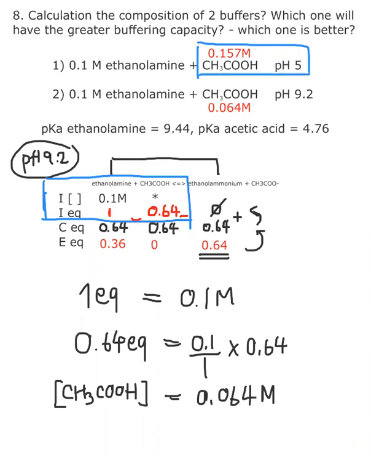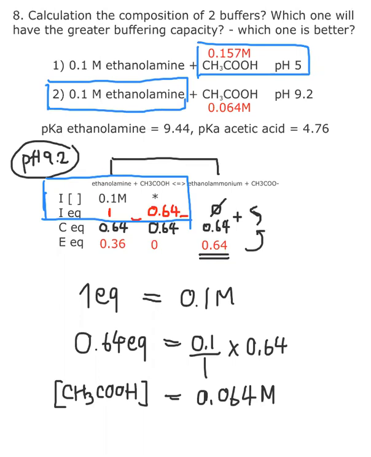And the concentration of acetic acid in the system is 0.157 molar. Comparing to the buffer at pH 9.2, the one that works as the buffer will be 0.1 ethanolamine. And you know that it's just 0.1 molar ethanolamine.